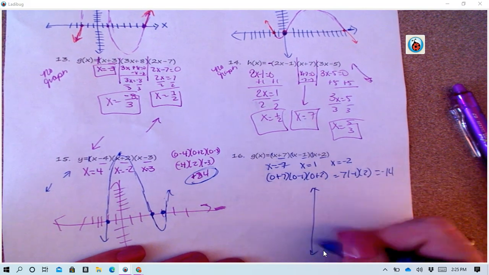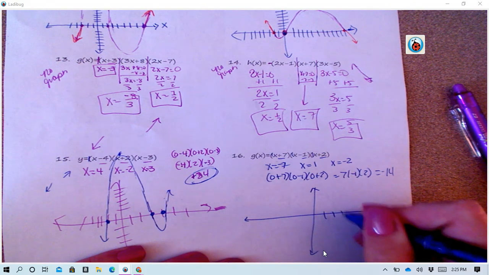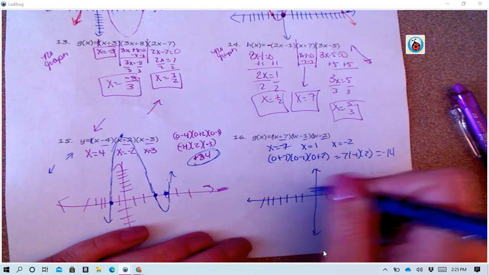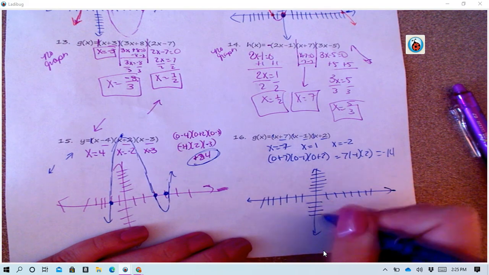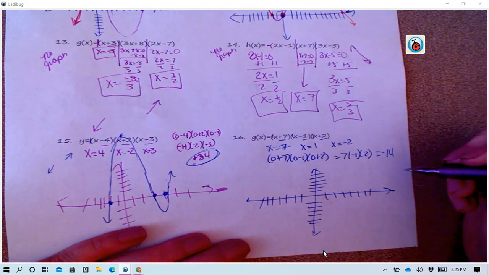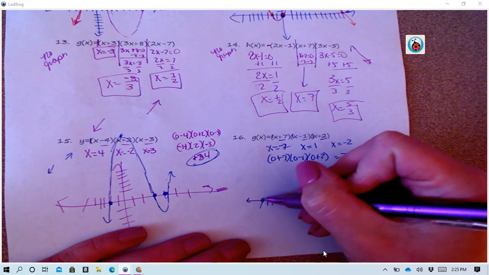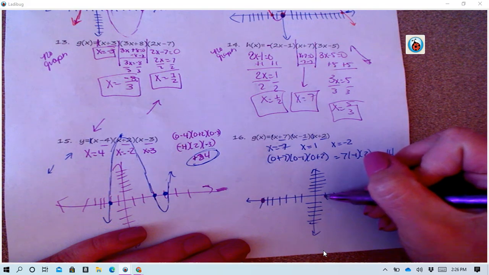So sketching our graph. We're going to cross at -7, 1, and -2.